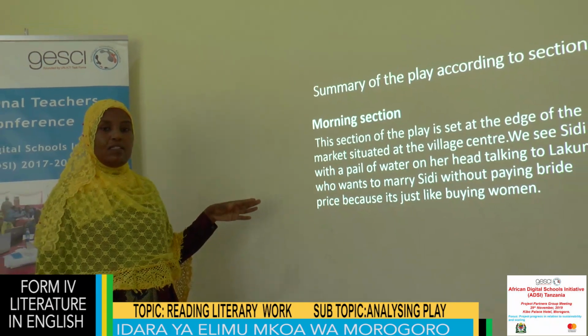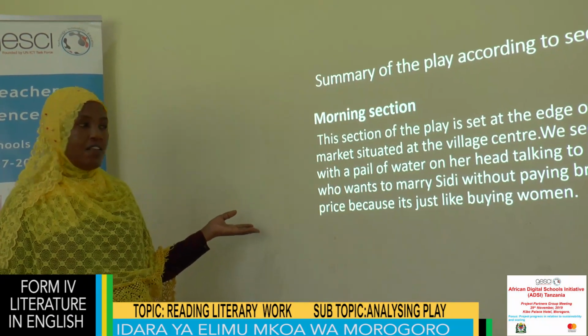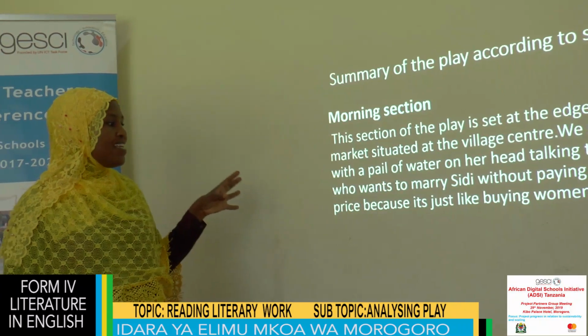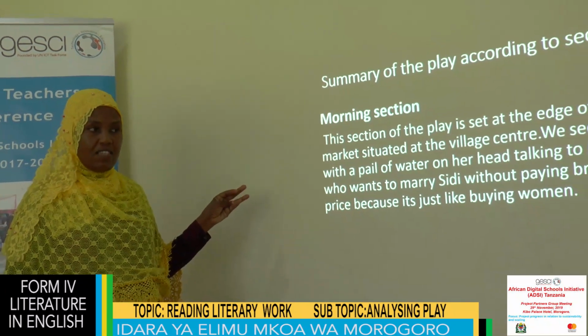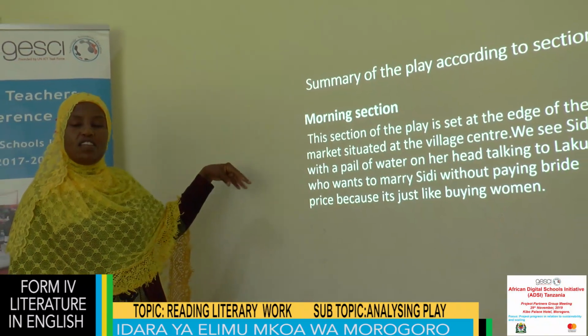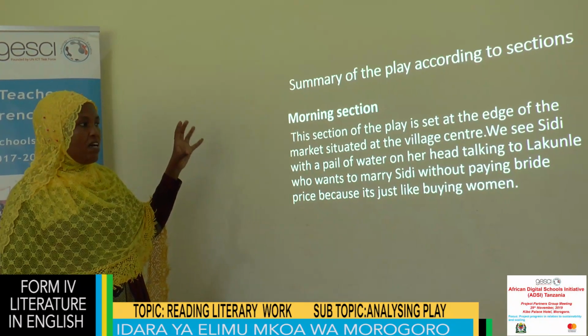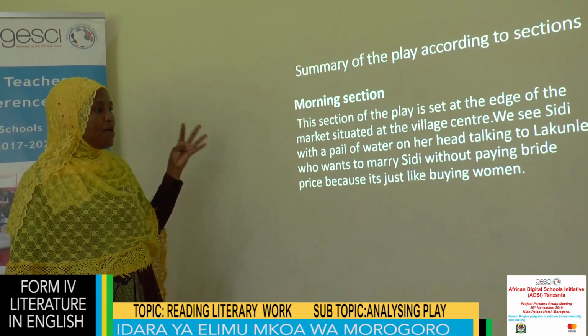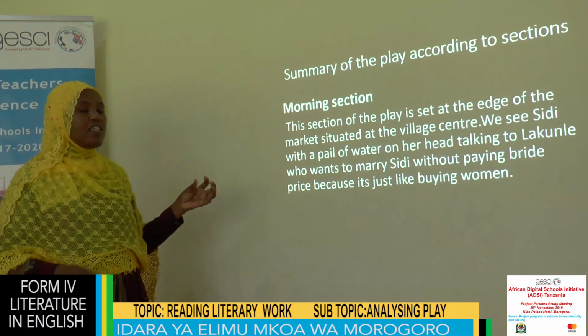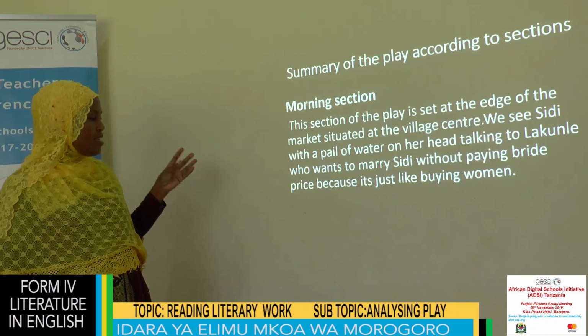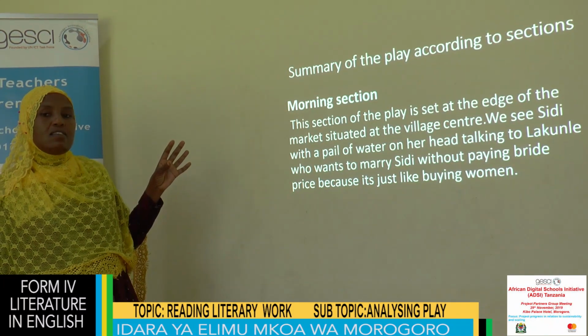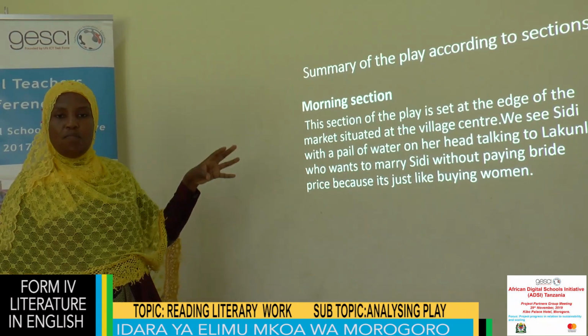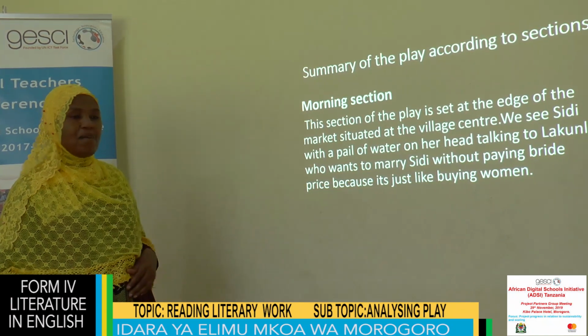Now, Mr. Lakunle keeps on telling Sidi a lot of things, including ignoring the situation of paying the bride price. He considers it as buying a woman. Paying a lot of money as a bride price is like buying a woman.